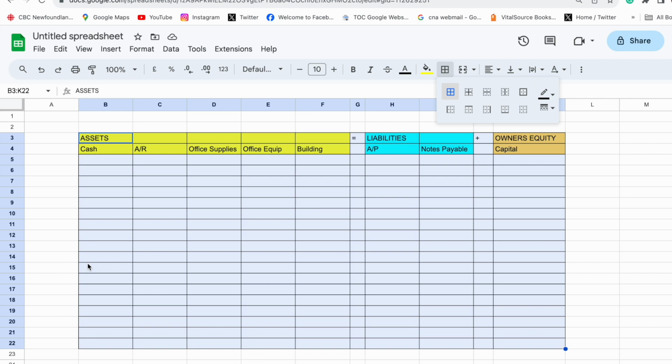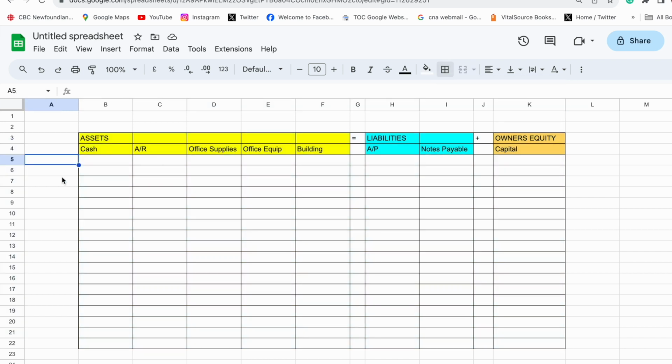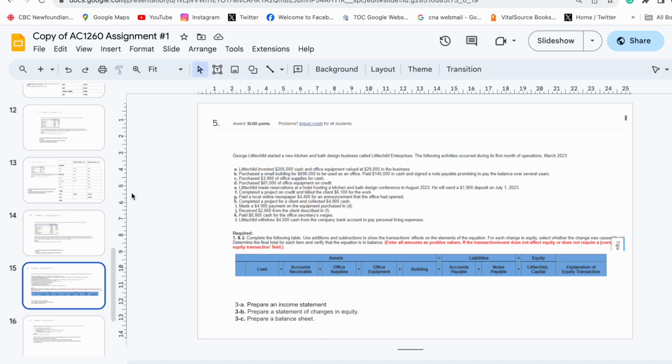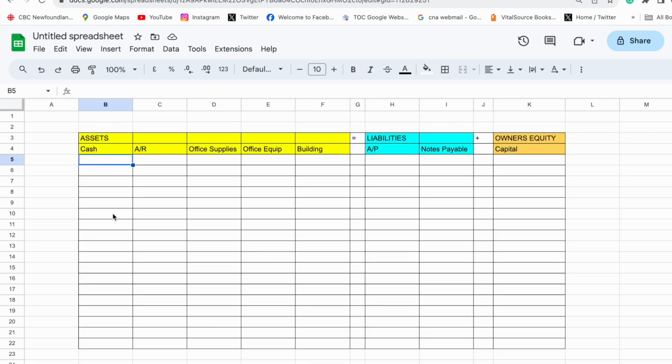So as we move down through, we're going to record each of the relative entries. In the first instance, Littlechild invested $205,000 cash and office equipment valued at $29,000 in the business. We have to ask ourselves, what's going on here? Well, first of all, he puts $205,000 in cash in the business, and he also put office equipment in the business at $29,000.